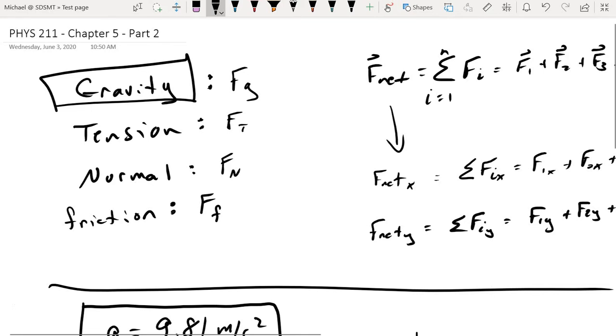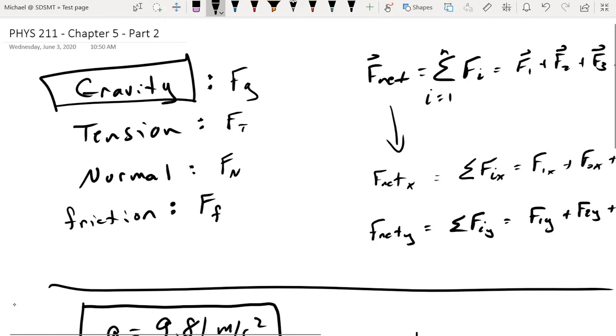So F sub G could be the gravity force, F sub T tension, F sub N, and so we have all these different force terms that have the appropriate subscripts. But if we don't carry the proper subscript along, then we're going to lose out on the information, and it doesn't take much for us to mess up one of these expressions along the way.